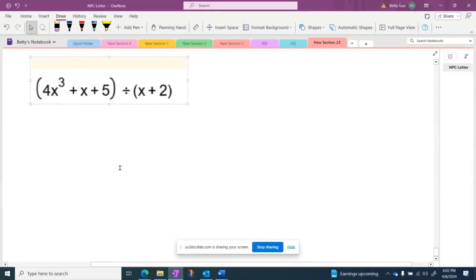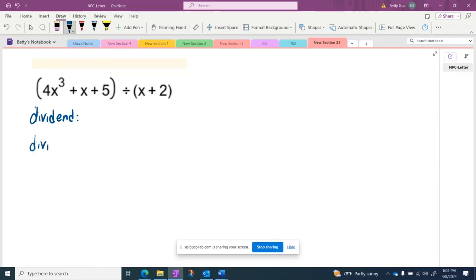Do you guys remember what's dividend, what's divisor? When it comes to division, the two things in a division play different roles. One is dividend, the other is divisor. Anyone remember which one is dividend, which one is divisor?